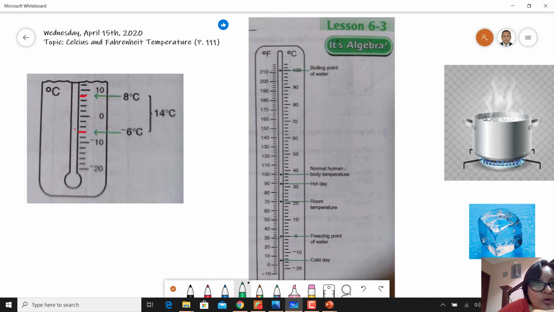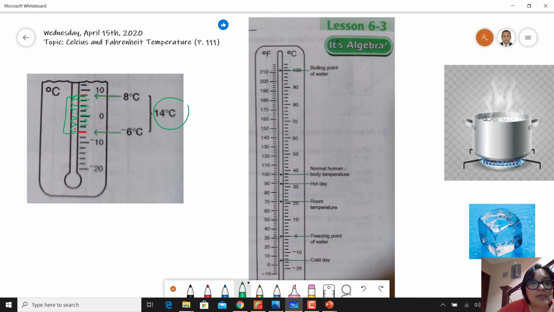To know that, we are going to count how many degrees we have from here to here. So here we have minus 6 and here we have 8. So let's start counting. Remember that each line represents 2 degrees. So in here we have 2, 4, 6, 8, 10, 12, and 14 degrees between minus 6 and 8.